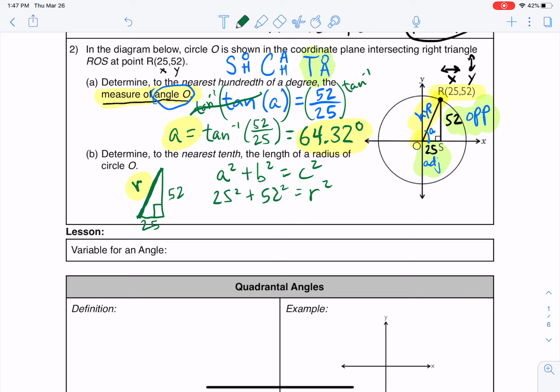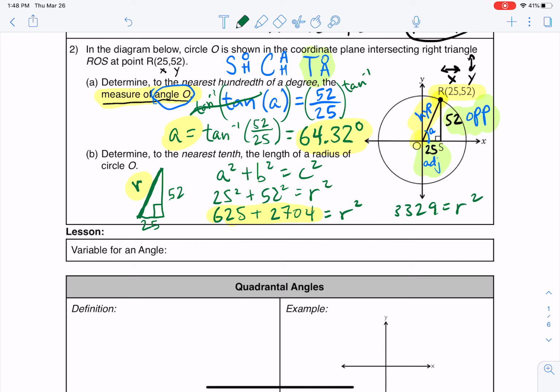Okay, when I input this into a calculator, I would get 625 plus 2704 equals r squared. All right, so adding these two numbers together, I'm going to get 3329 equals r squared.